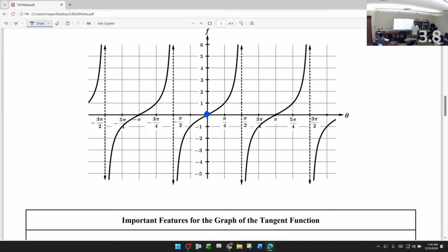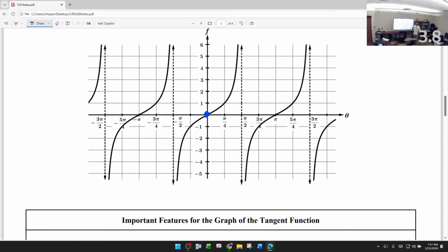At zero, tangent is zero, because tangent is sine over cosine, and at zero, sine is zero. And so I really don't care what cosine is, because zero over anything is zero.